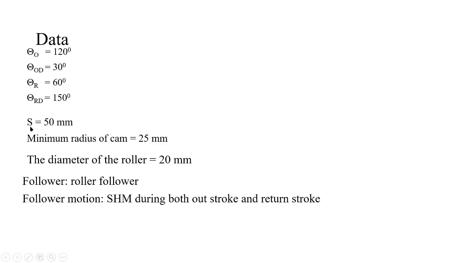The total lift of the valve, that is nothing but stroke, is equal to 50 mm, minimum radius of the cam 25 mm, diameter of the roller 20 mm. The given follower is a roller follower, and the roller follower is moving with simple harmonic motion during both outstroke and return stroke.